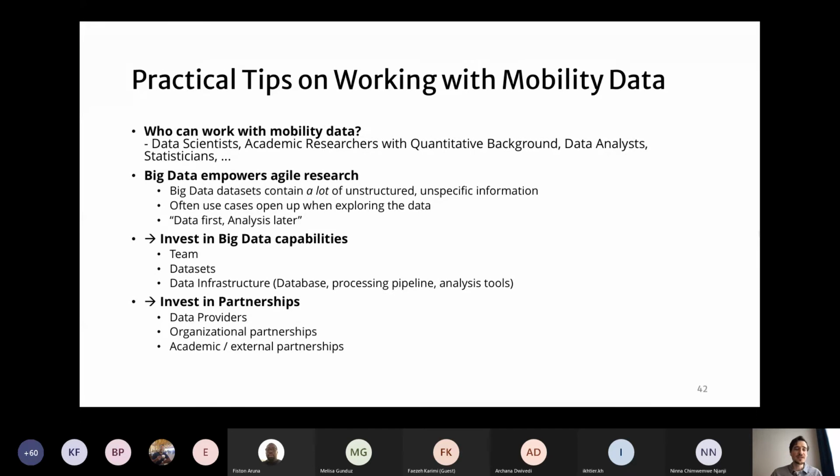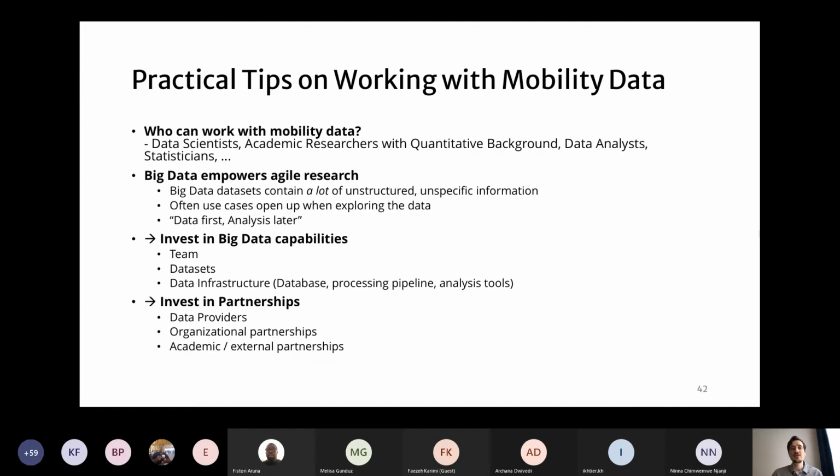And something that you might have already noticed from the topics I talked about, but what I want to highlight is that mobility data, or big data in general, really empowers agile research, because these big data sets often contain a lot of information that is very unstructured or unspecific. For example, the CDR dataset that we have on Germany contains a lot of information about mobility in Germany, but also about the demographics and socioeconomic differences in Germany.